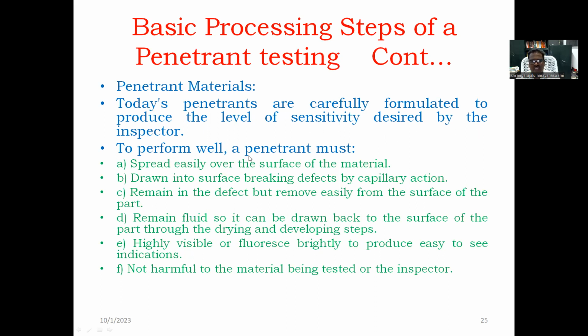To perform well, a penetrant must spread easily over the surface of the material, be drawn into surface-breaking defects by capillary action, remain in a defect but be removed easily from the surface of the part, remain fluid so it can be drawn back to the surface of the part through the drying and developing steps, and be highly visible or fluoresce brightly to produce easy-to-see indications, and not be harmful to the material being tested or the inspector. So these are all the important properties of a penetrant.